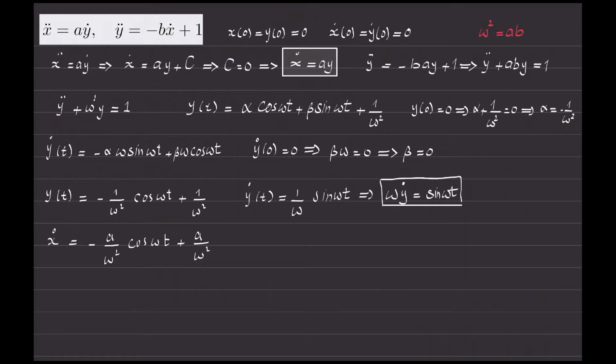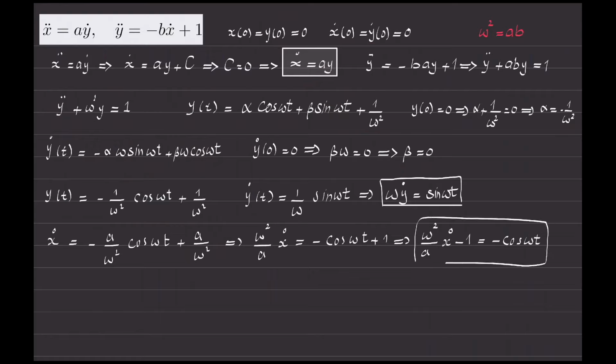Okay, and now if I multiply everything by the reciprocal of a over omega squared, then this becomes omega squared over a x dot is equal to minus cosine omega t plus 1, and I move 1 to the left, so it becomes omega squared over a x dot minus 1 is equal to minus cosine omega t.